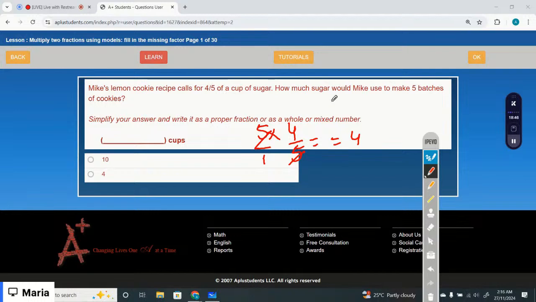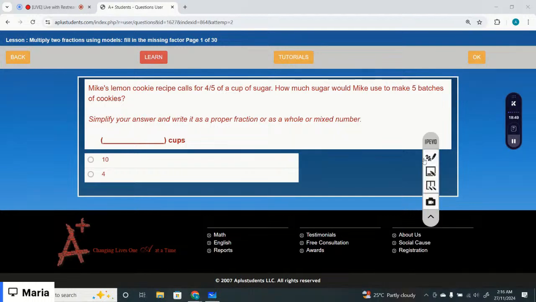Option number 2 is the correct option. That is just a 4, not 10.